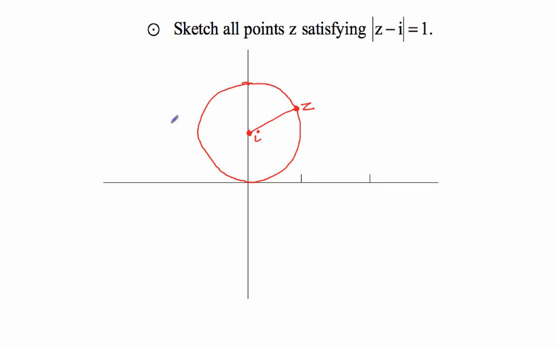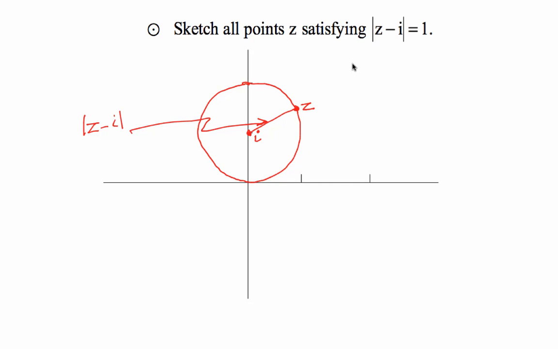This here will be the distance z minus i. And that is 1 for every point on this circle. So you see how extremely easy this is, if you read it in the way that it's the distance of z from the point i, which is fixed, and has value 1.